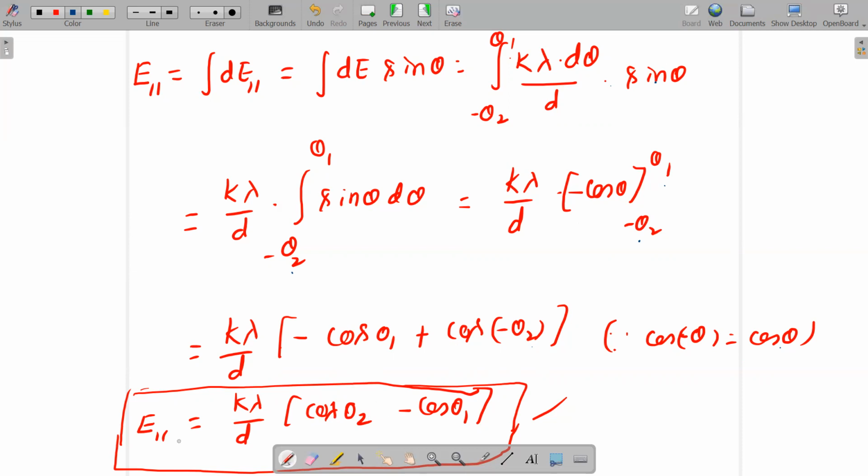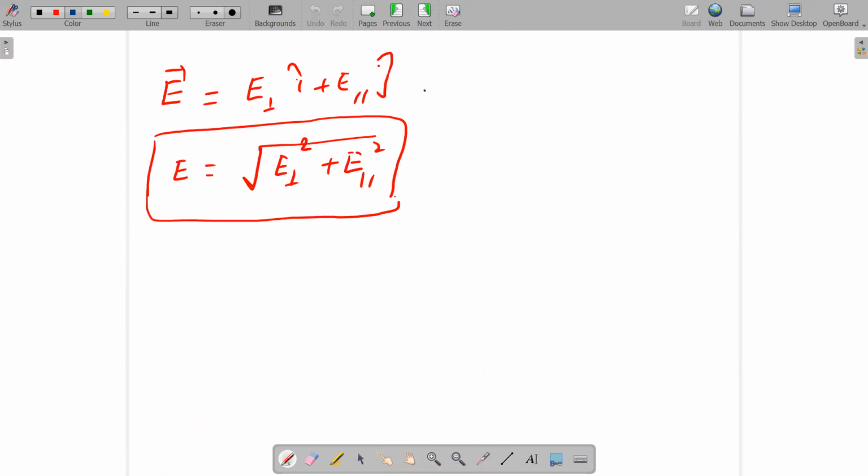Therefore E parallel equals k lambda by d into cos theta 2 minus cos theta 1. Again here also, k is 1 by 4 pi epsilon naught, lambda is linear charge density, and d is the perpendicular distance of the point from the conductor. Got it? Using them here, we can write in vector form and get the total field at that point due to the entire conductor. If you want only the magnitude of the total electric field at that point due to the entire conductor, you have to use this expression.